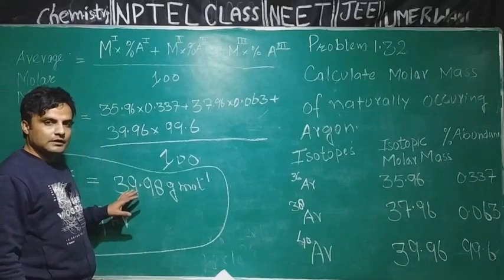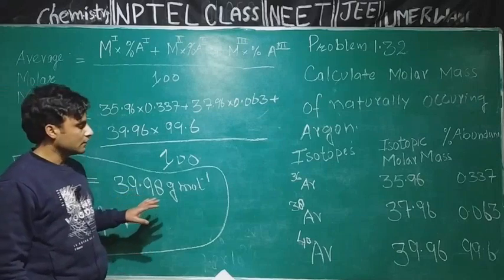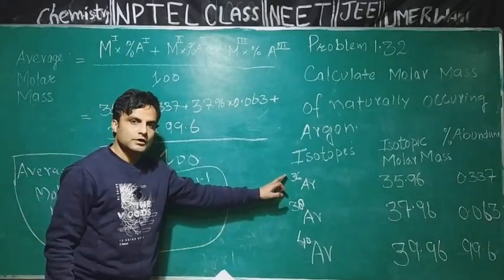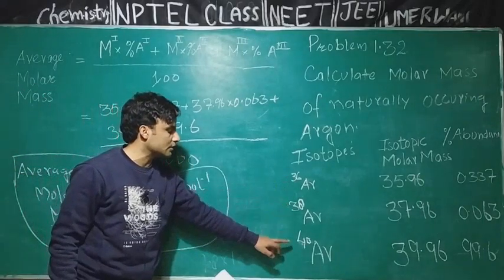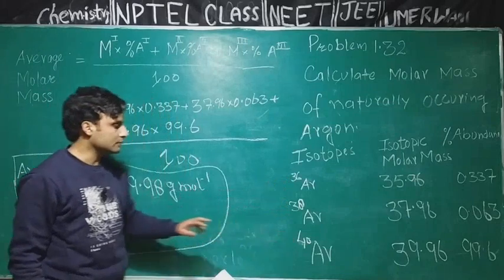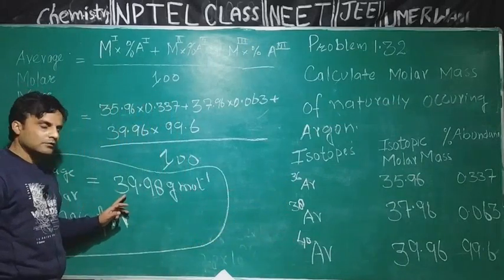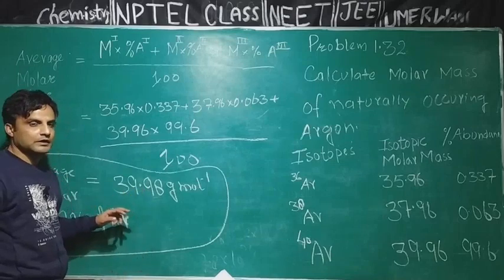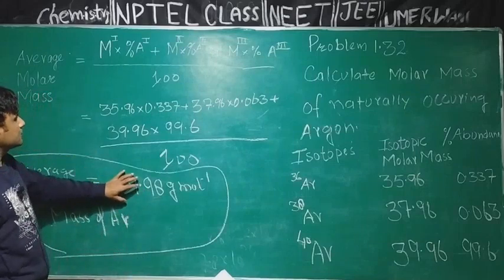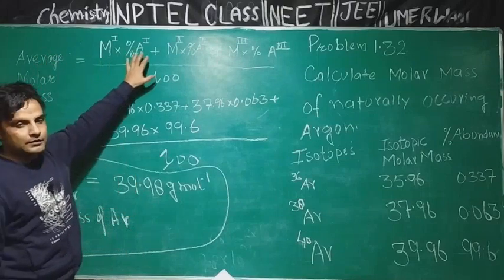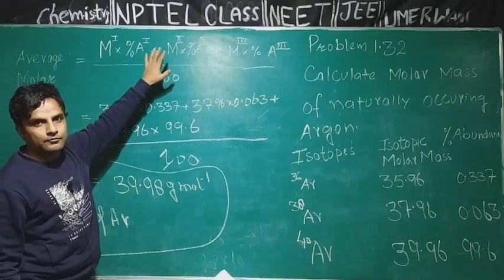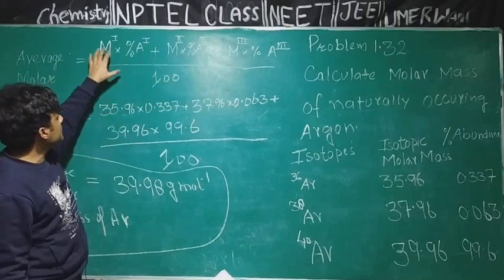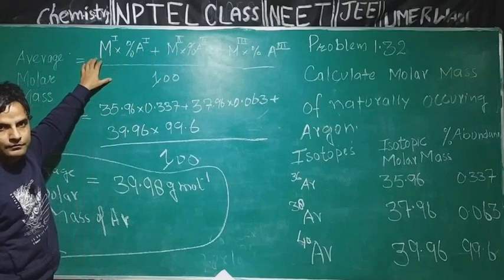So for the element argon, we need not take its molar mass equal to 36, 38 or 40. Its molar mass we have to take equal to 39.98, which is its average molar mass, because it is the average of molar masses of its three isotopes, calculated using this formula.